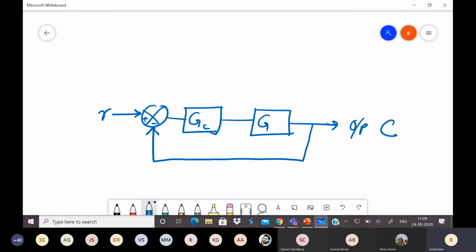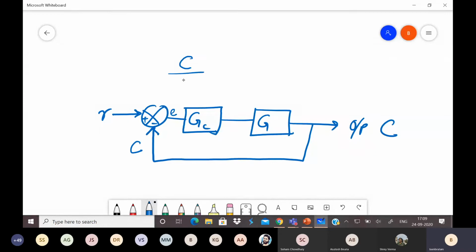So this C will come here, so this will be the error. So error equals R minus C, that will be multiplied by Gc and G, and then we will get the output. So we have already derived it in the previous class.